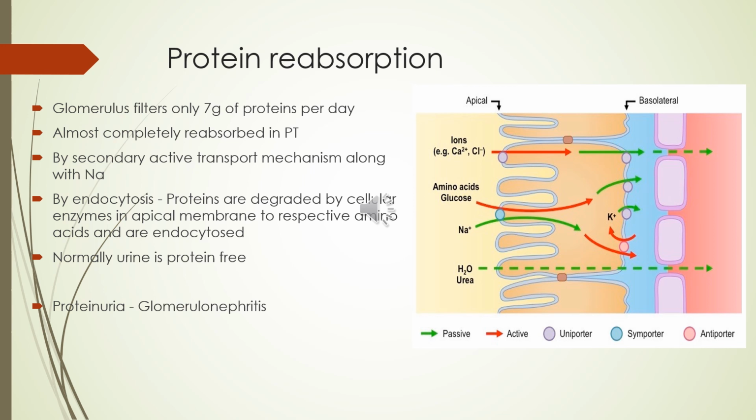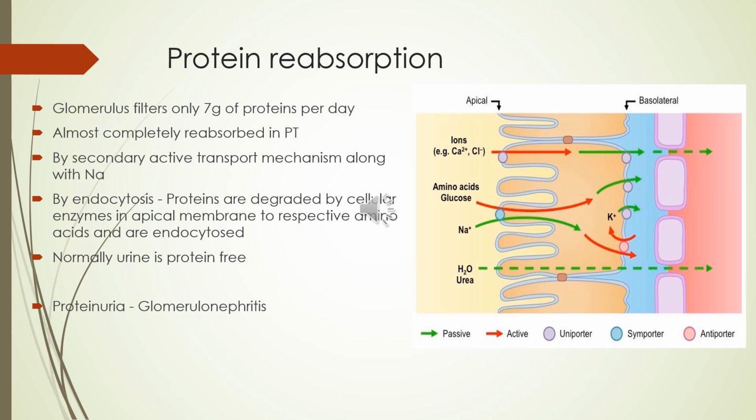And this happens by the secondary active symport mechanism, that is the transport of proteins by a carrier protein along with sodium ions in the same direction. So this protein reabsorption occurs by means of symport along with sodium reabsorption.